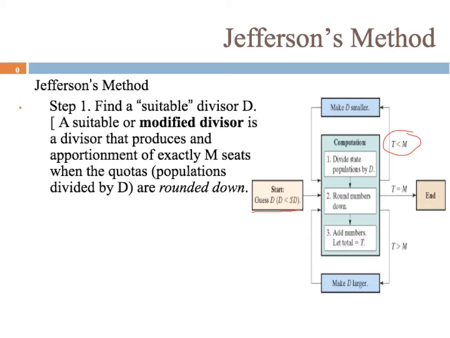On the other hand, if our total is more than the number of seats allowed, we're going to make our modified divisor larger, because when you divide by a larger number, the answers tend to be smaller. So hopefully that brings the numbers back down. And we want everything to add up to the original number of seats.